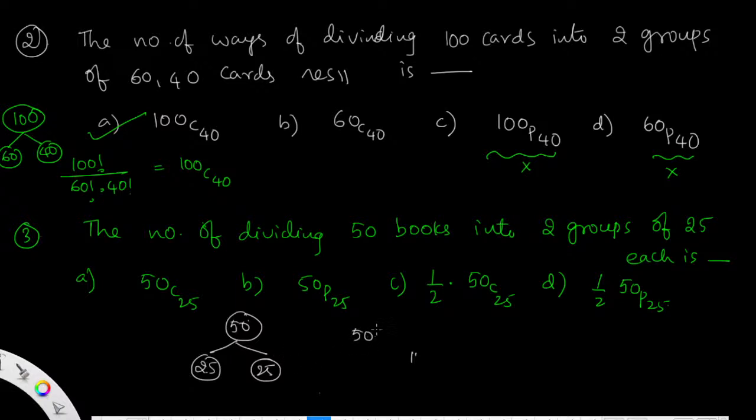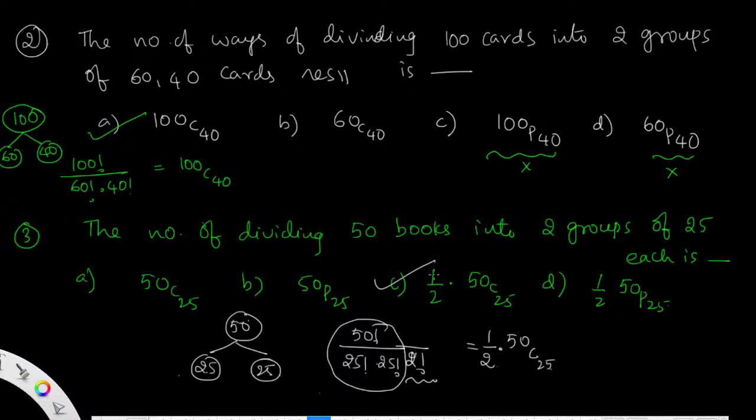So 50 factorial by 25 factorial into 25 factorial into 2 factorial, which is 50C25 divided by 2, that is 1 by 2 into 50C25. Option C is correct. Then go to the next question.